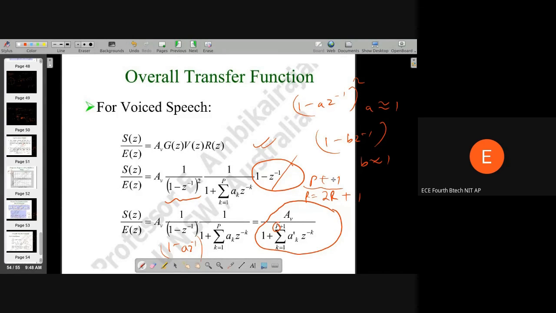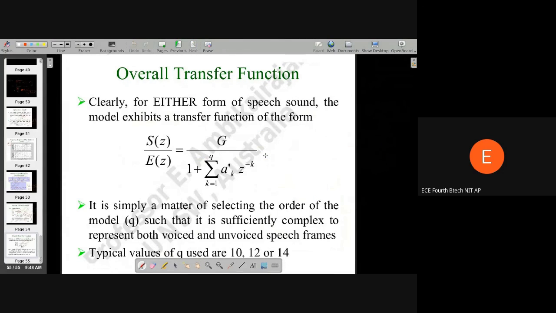Now this is for voiced speech. In case of unvoiced speech, G(z), I said it is 1, does not play any role. So it simplifies to just V(z) and R(z) being present. So that's how our overall transfer function is modeled. Overall, you can simplify it like this.